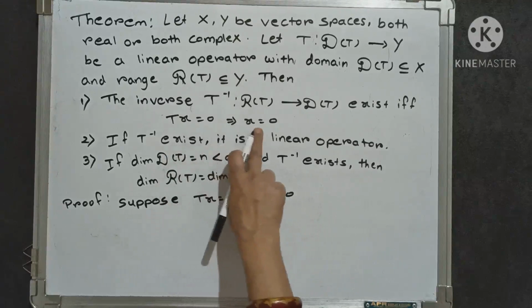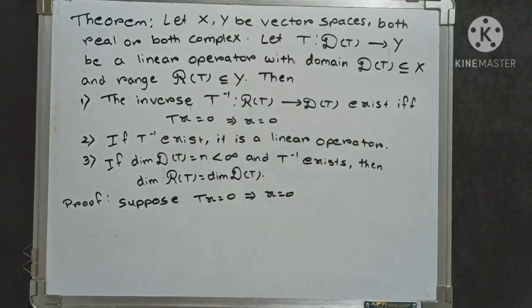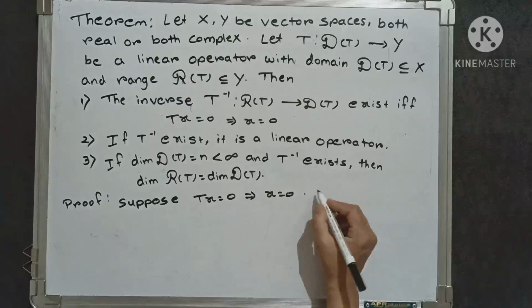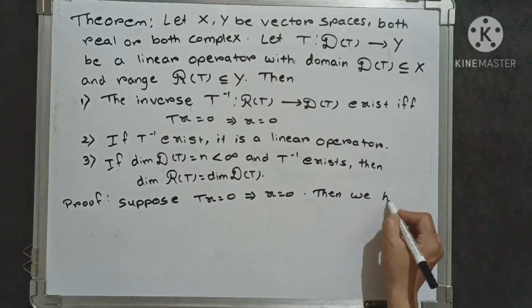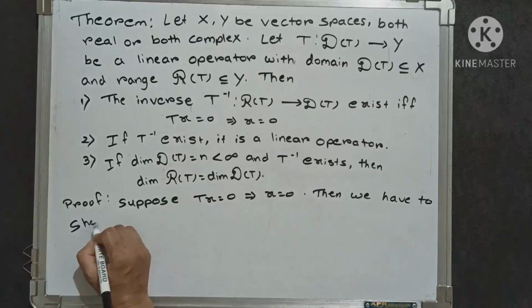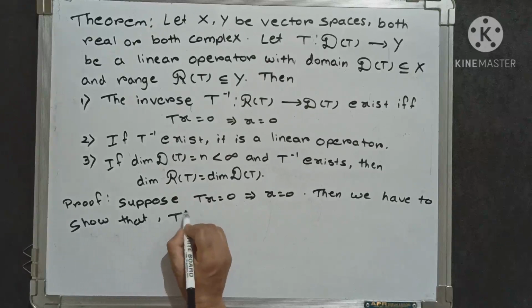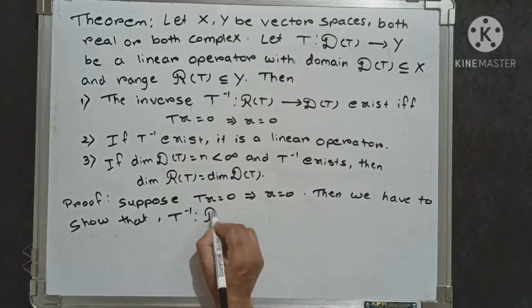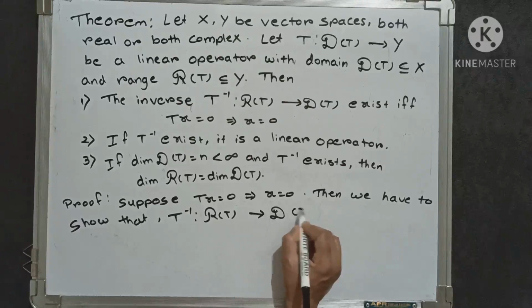That means we consider this part, and now we have to prove the existence of T inverse. Then we have to show that T inverse, from script R of T to D of T, exists. That is what we have to prove.